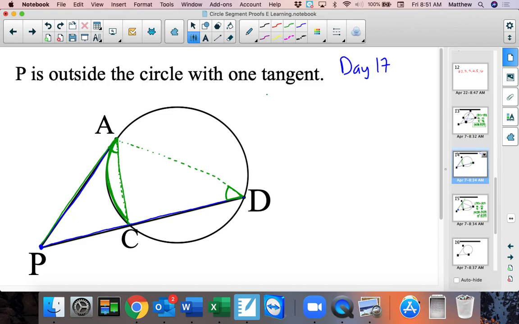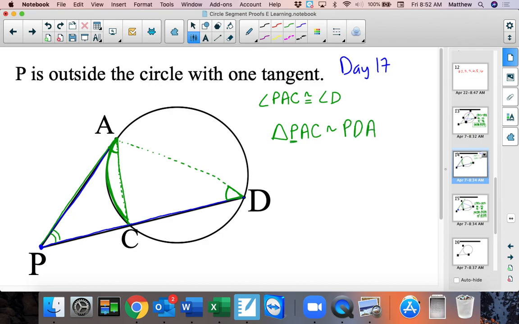Okay, so again, angle PAC is congruent to angle D, because they're both inscribed angles that create arc AC. And if we think about the two triangles, this shows up in both. So I can then say that triangle PAC is similar to triangle PDA.